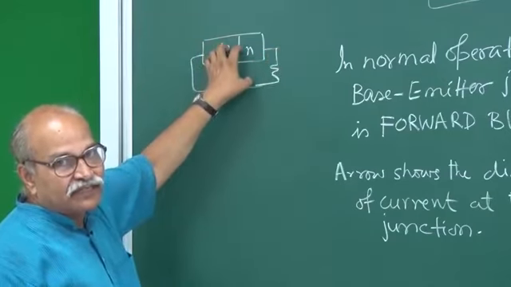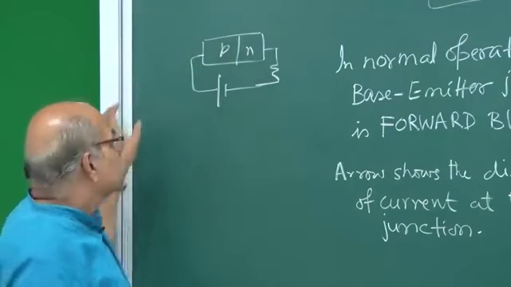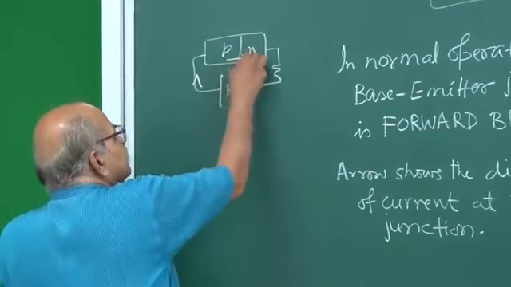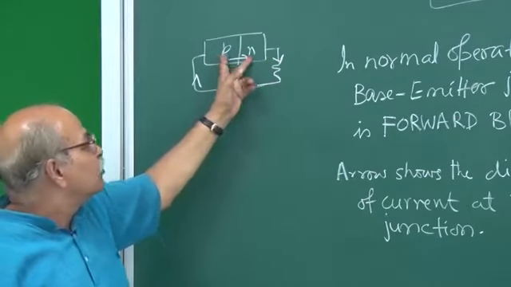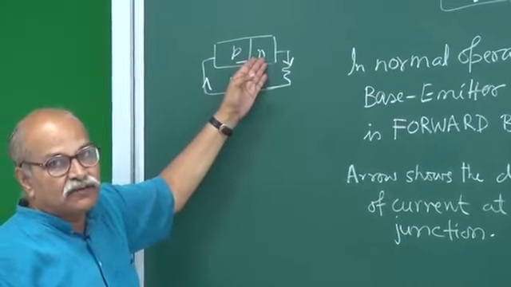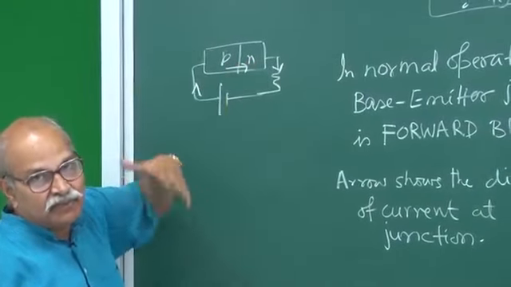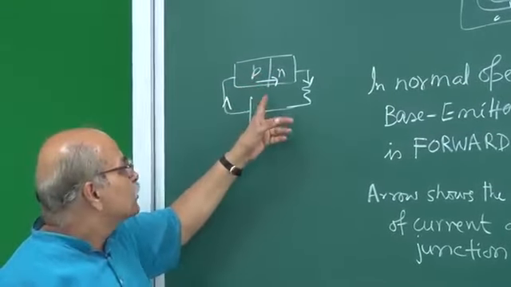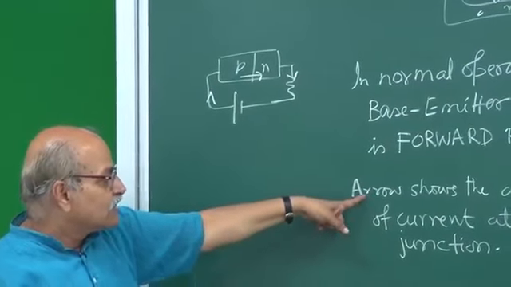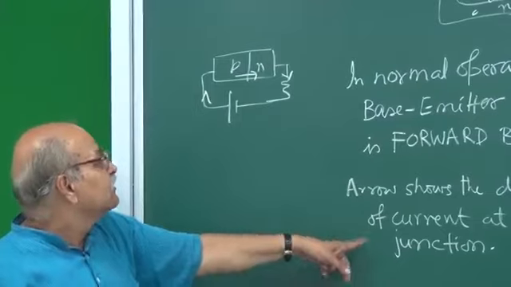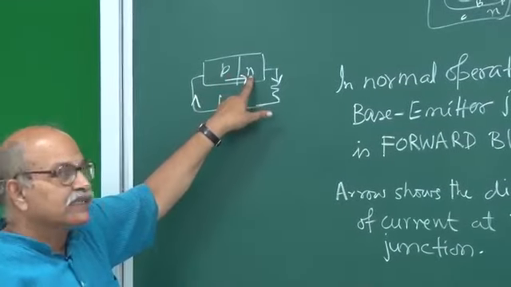This is forward biasing. And how does the current flow? The current flows like this. Inside this junction, the current goes from P side to N side in forward biasing. Reverse biasing is the opposite. So this arrow on the symbol of the transistor shows the direction of current at this junction. That means it should be from P side to N side.